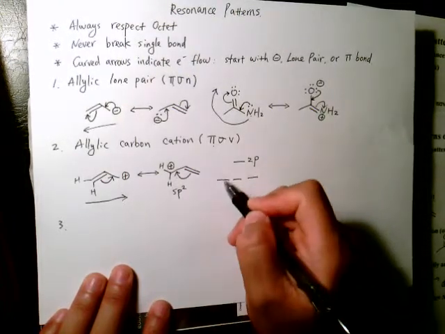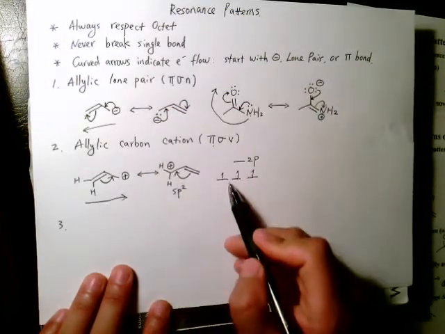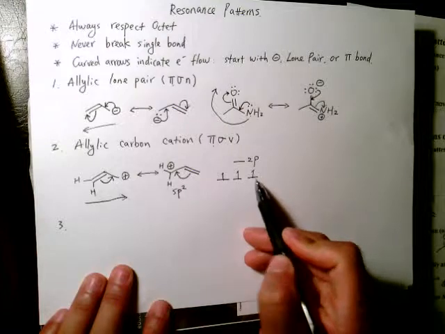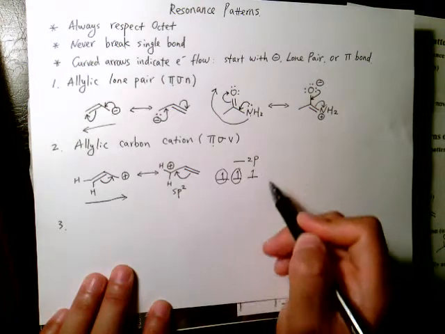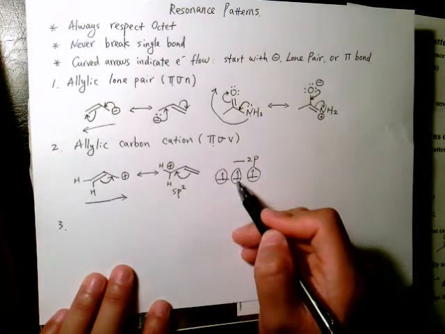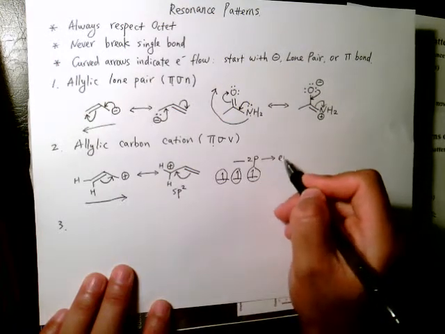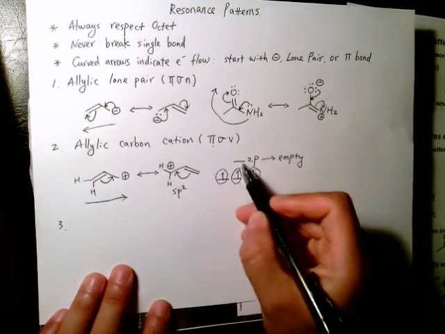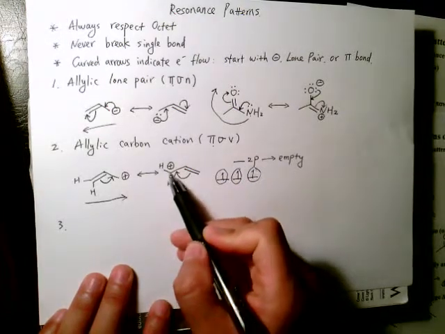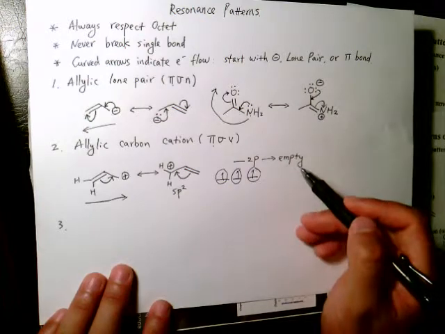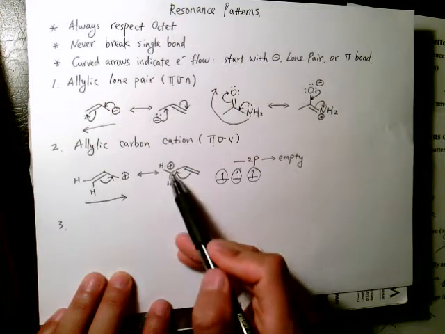This carbon has only 3 valence electrons because it has a positive 1 charge, and it formed 1 sigma bond, another sigma bond, and a third sigma bond, 2 with hydrogen and the other one with carbon. That one, you see, is our empty orbital. So that is the vacancy we are talking about. Anytime we see a carbon cation, we need to keep in mind we must have an empty 2p orbital. The same is true down here, although we use this one as the example.